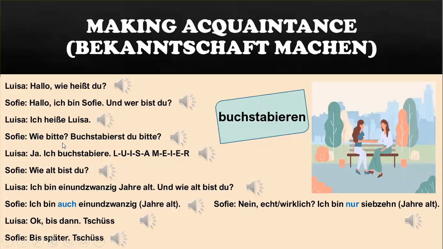This question is what you will use in any situation when you want the other person to repeat himself or herself because you have not understood that person. For the time being, you will just use this question expression, wie bitte. Literally translates to how, please, because bitte is please.